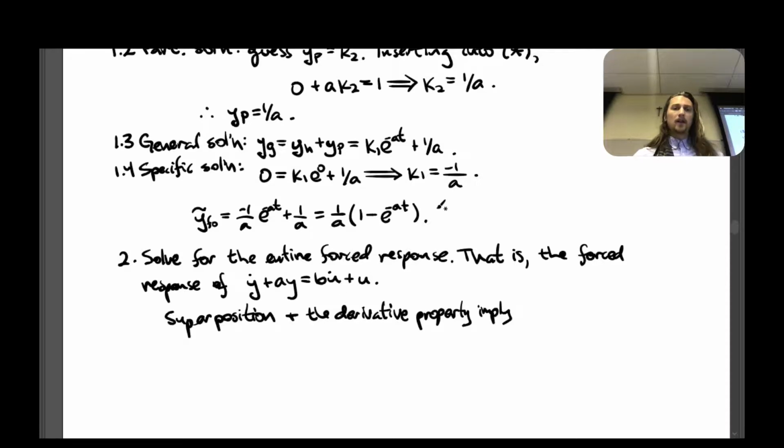So let's call that forced response just YFO, for forced, simply as this linear combination here.